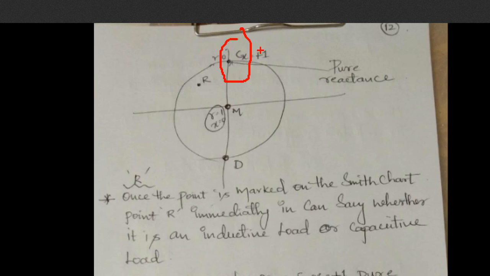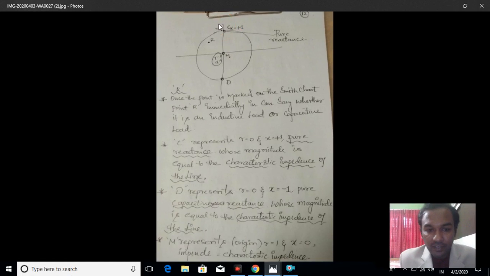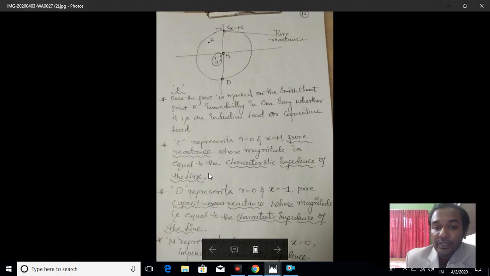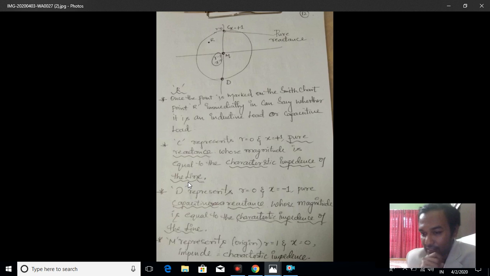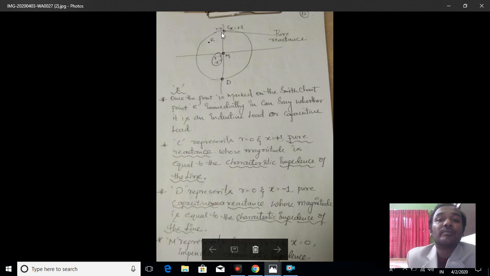With r equal to 0 and x equal to positive 1, the magnitude is equal to the characteristic impedance of the line Z0. We had a formula in the previous lectures also: the normalized impedance is equal to the output impedance divided by the characteristic impedance. So we can straight away say that the magnitude of this point C is equal to the characteristic impedance of the line.